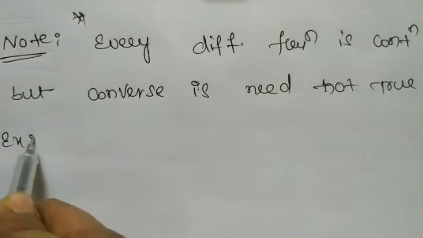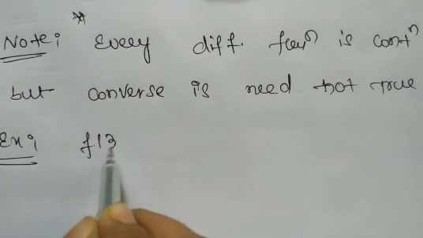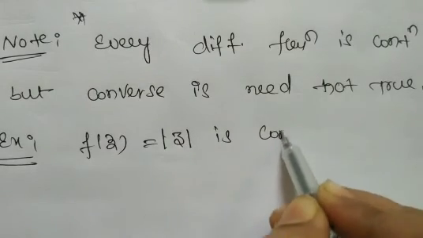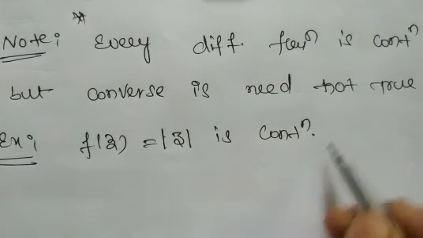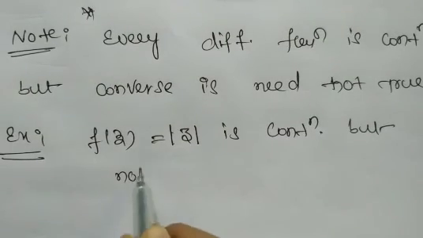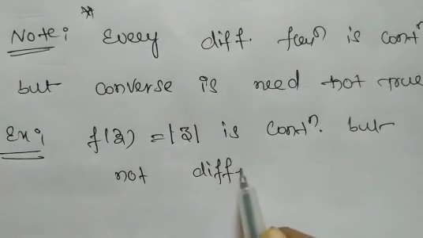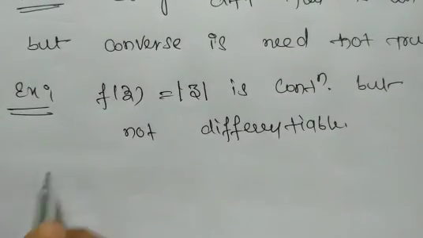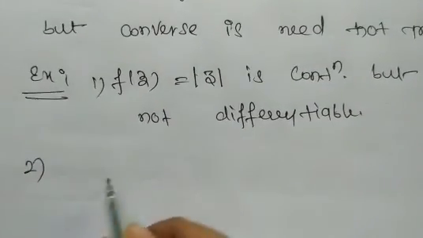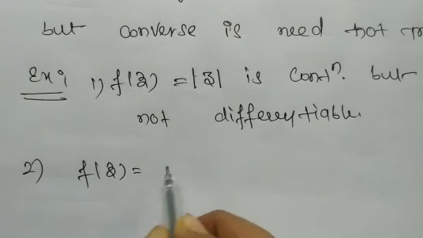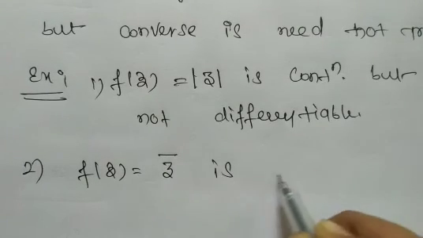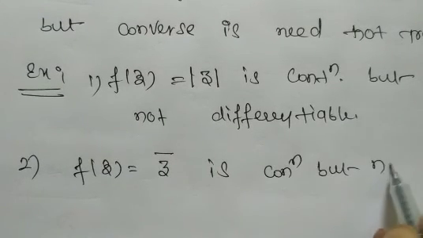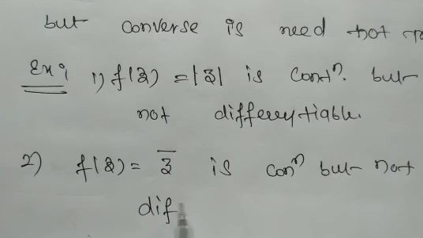For example, take f(z) equal to modulus of z. The mod function is a continuous function, but it is not differentiable. One more example, f(z) equal to z bar. Z bar is continuous, but not a differentiable function.